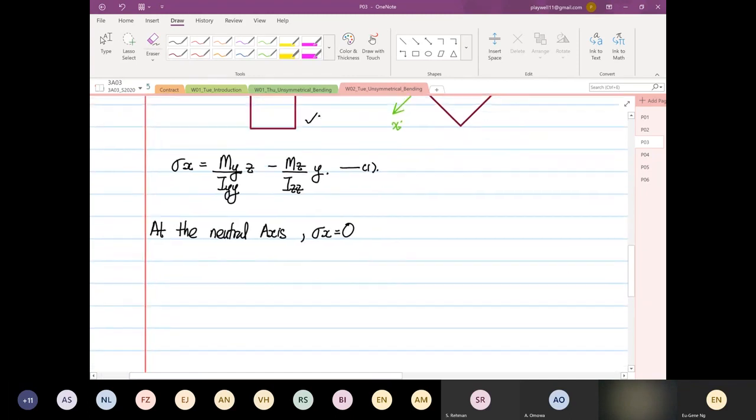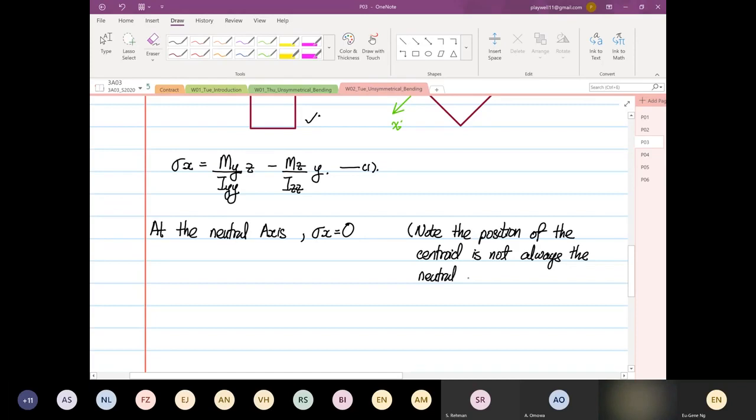So I'm going to take note down here that the position of the centroid is not always the neutral axis. And later on, I'll show you why.